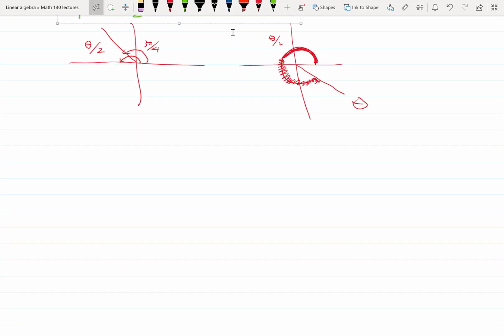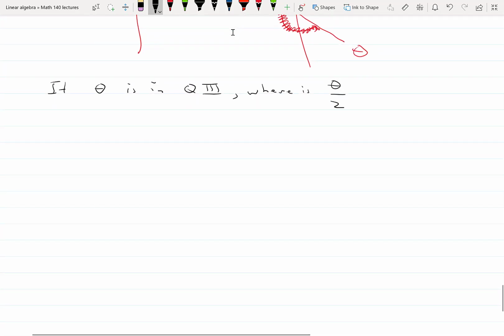So to finish the segment, a quick one: if theta is in quadrant 3, where is theta over 2? Okay, let's do this algebraically.